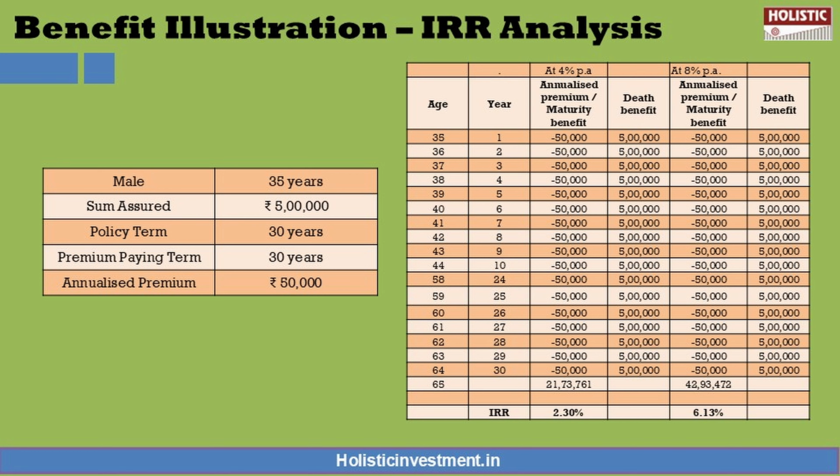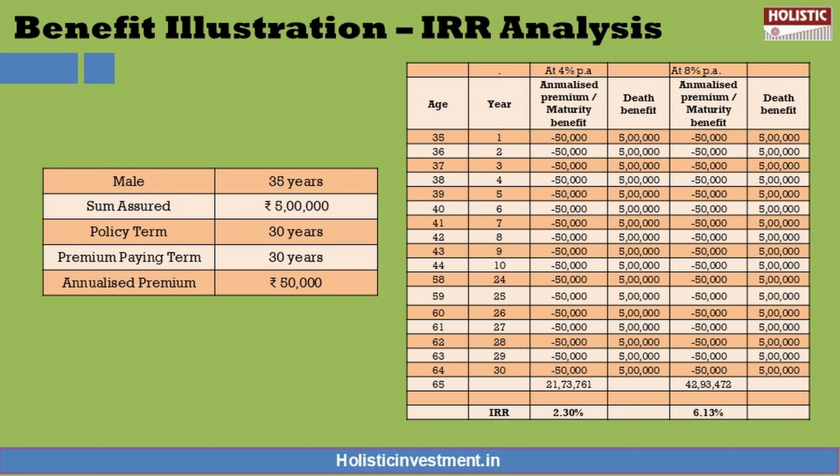If we calculate the IRR based on 2 assumed investment returns, 4% and 8%, as worst case and best case scenarios respectively, we can see that in the 4% return scenario, the estimated fund value is 21.73 lakhs, yielding an internal rate of return of 2.30% as per the SBI Life Smart Fortune Builder Plan's maturity calculator. 2.30% is similar to the rate of interest you can get from a savings bank account, which means that even though you have invested your money for such a long time and taken such a risk, you will still get only a similar interest to your savings bank account.